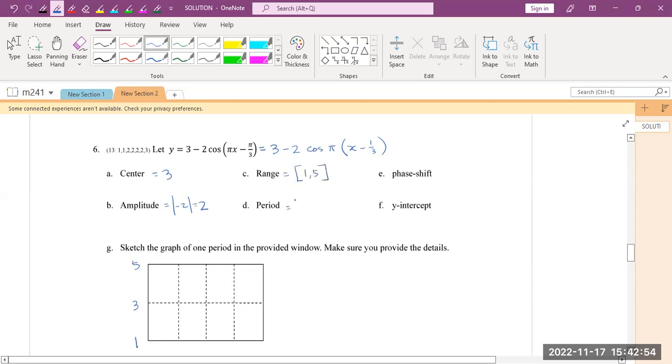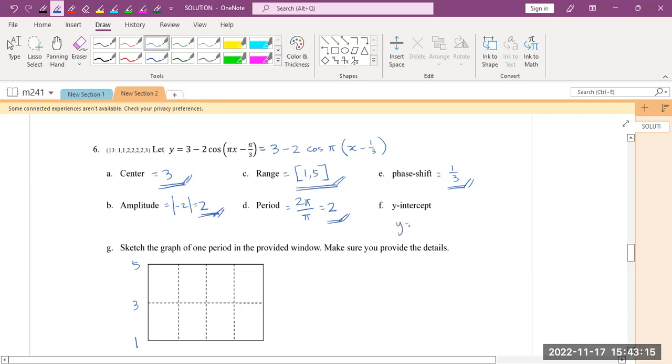The period will be 2 pi over the coefficient of the angle pi. The period is 2. The phase shift is positive 1/3 because we shifted to the right 1/3 units. And the y-intercept is when the x equals 0.